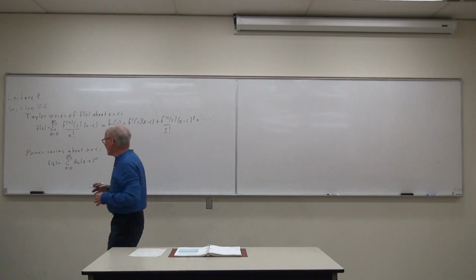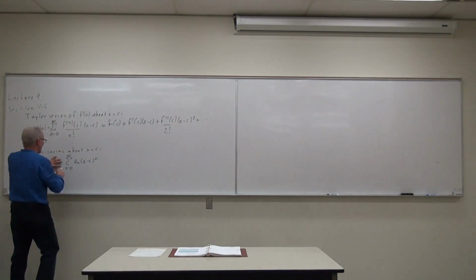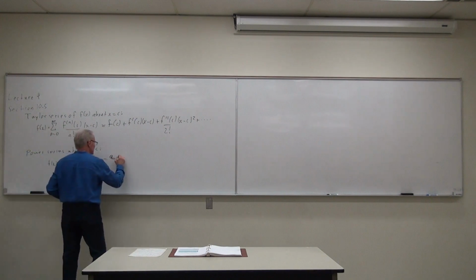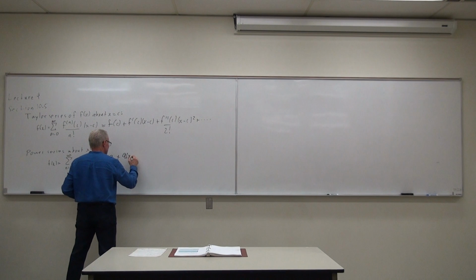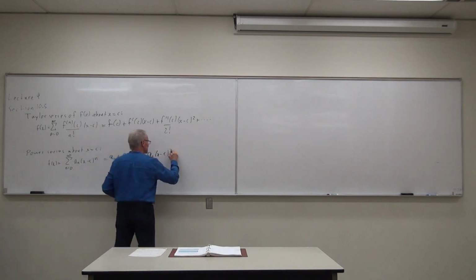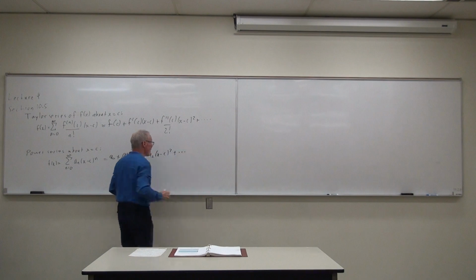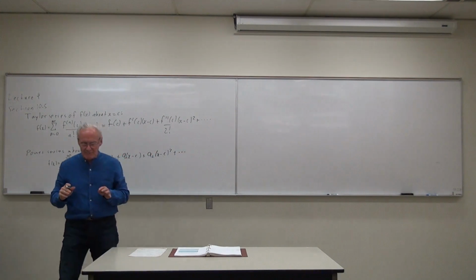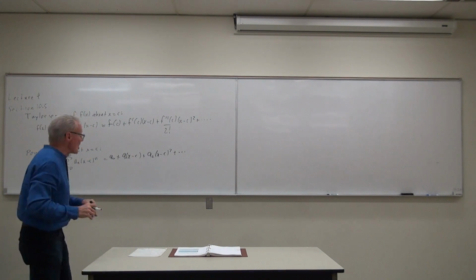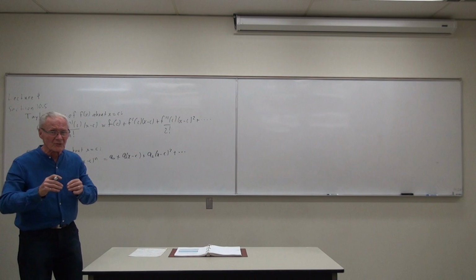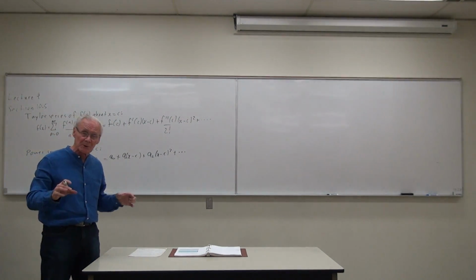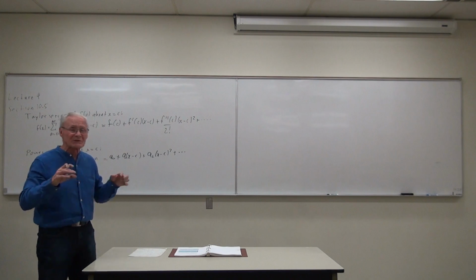Along came 10.4, where the starting point was a power series. Wrote out a few terms, a sub 0, a sub 1 times x minus c, a sub 2 times x minus c squared, and on and on. Objective: find out the values of x for which the series converges, called again its interval of convergence, and then once you know the values of x for which the series converges, you ask, what is its sum?